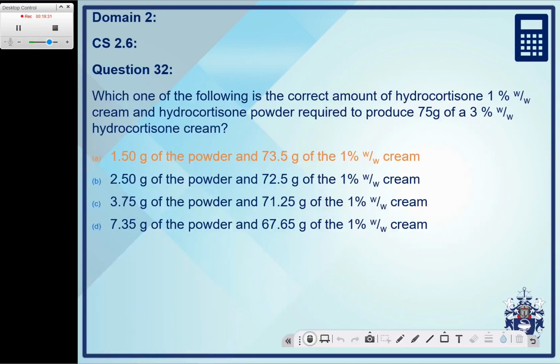You will note from the list of possible answers, the closest one will be option A, 1.5 grams of the hydrocortisone powder and 73.5 grams of the 1% weight per weight cream. So the correct answer will then be option A.